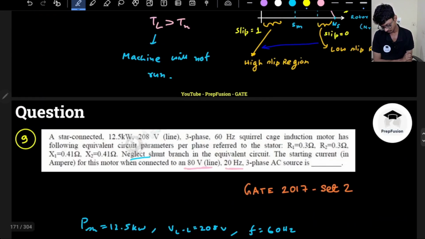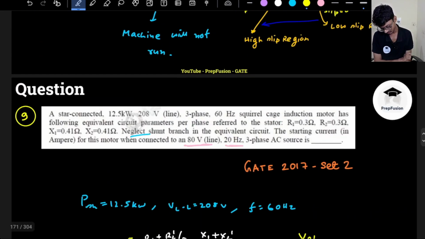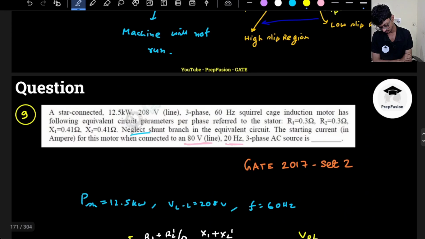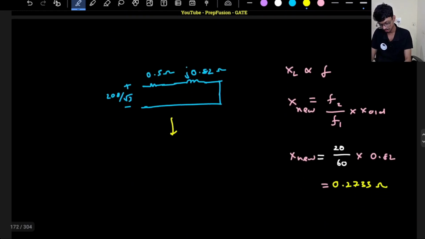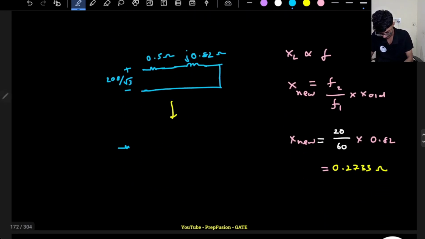because I'm not applying 208 volts anymore. I'm applying only 80 volts. So the circuit will be, this will be 0.5 ohms. This will not change. R2 will obviously not change, it does not depend on the frequency.